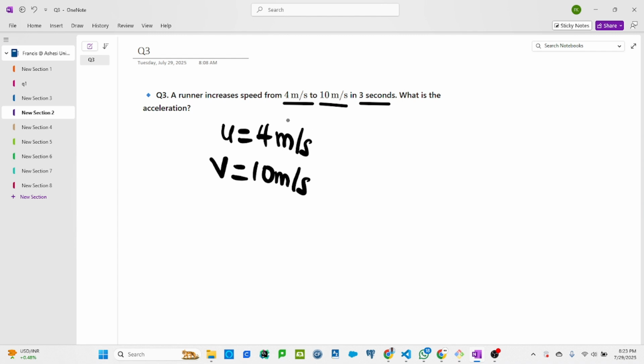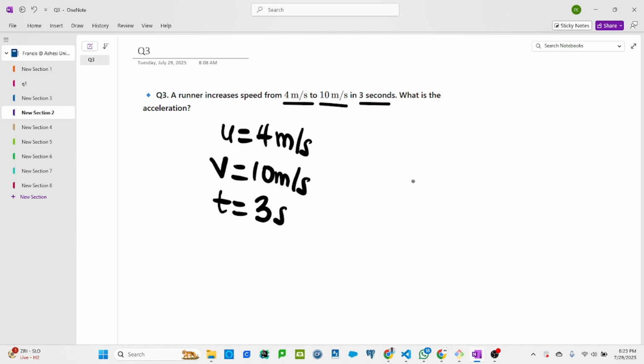So they have given us the initial velocity and the final velocity. The initial velocity is u, because they say a runner increases speed from 4 to 10, meaning that the person started from 4 and went to 10. And they give us t, which is equal to 3 seconds.